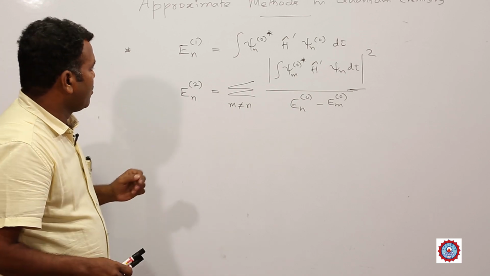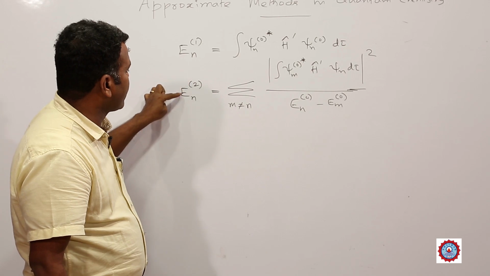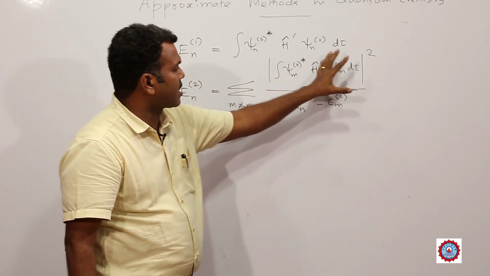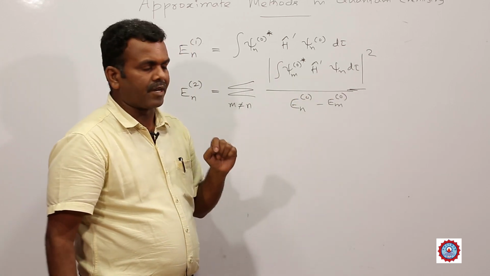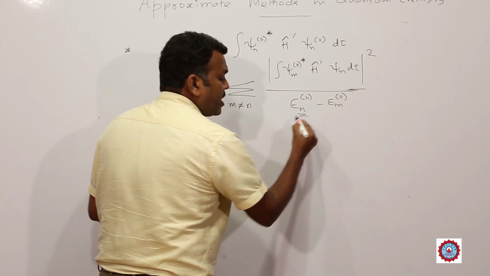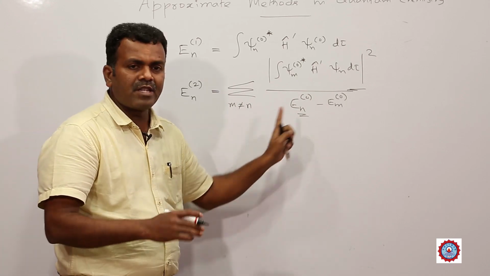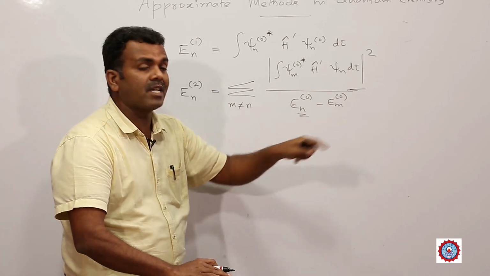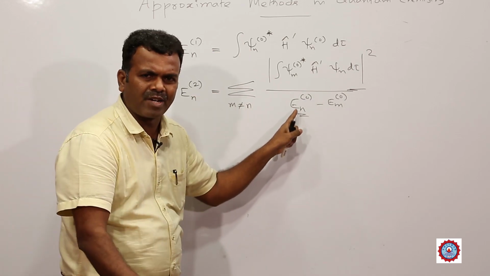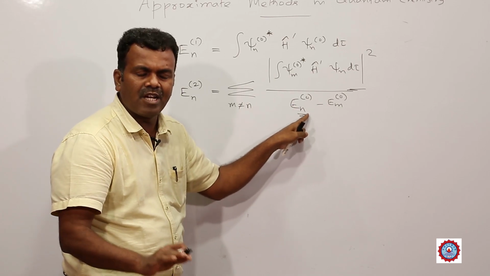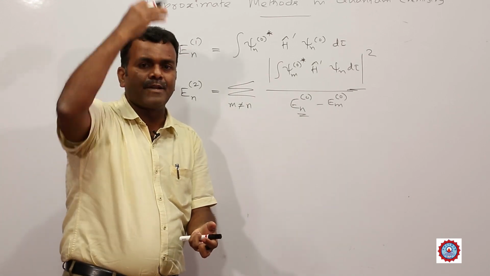Okay. Now, see here, this is the second order correction to the energy of the nth state. In second order correction, this numerator value is always positive because we have square here. But what about the denominator? Suppose the nth state that we are choosing, okay, we are interested in nth state. Suppose nth state is lower state and mth state is higher state, okay, in most cases we calculate energy of the ground state, okay, right. So, if n is the lowest possible value, then m can take any other value which is above that, right.